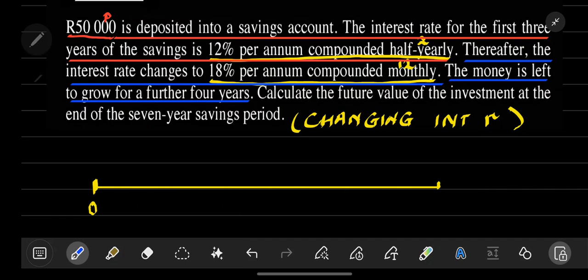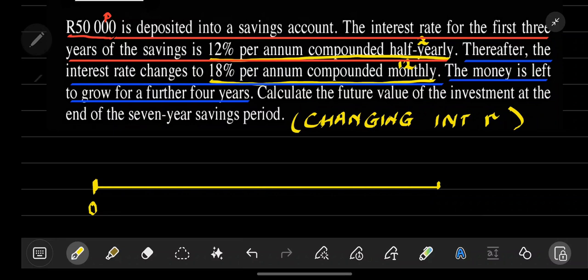Then the question says that they want you to calculate the future value of the investment at the end of the 7-year savings period. This 7-year savings period, you should understand that it is the combination of the first 3 years and the 4 years thereafter. So the 7 years is made up of what?